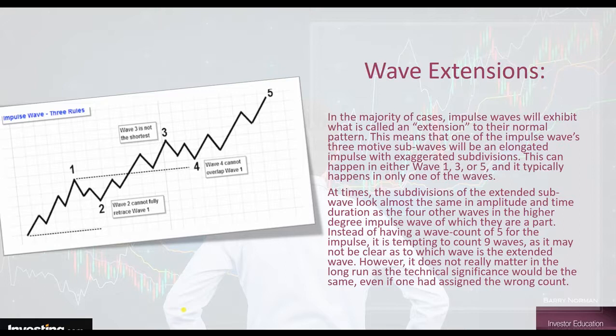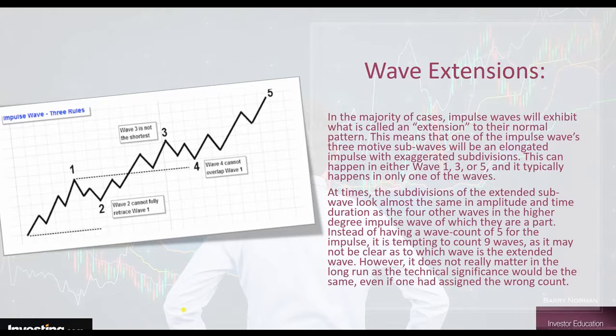This can happen in either 1, 3, or 5, and it typically happens in only one wave. So in other words, one of these can be extended. At times, the subdivisions of the extended subwaves look almost the same as the amplitude and time duration of the 4 other waves in the higher degree impulse wave.